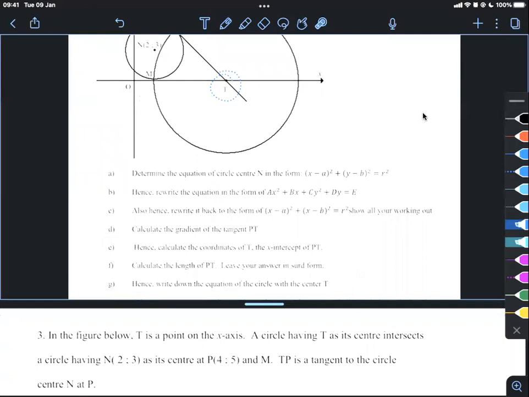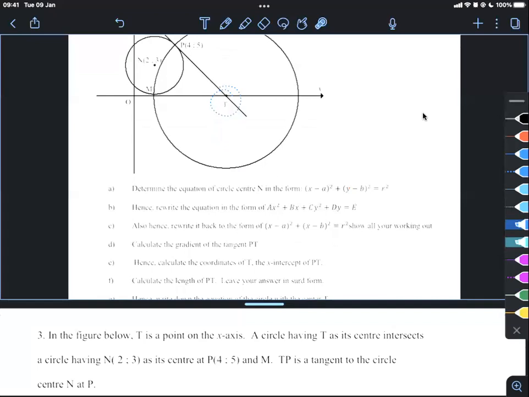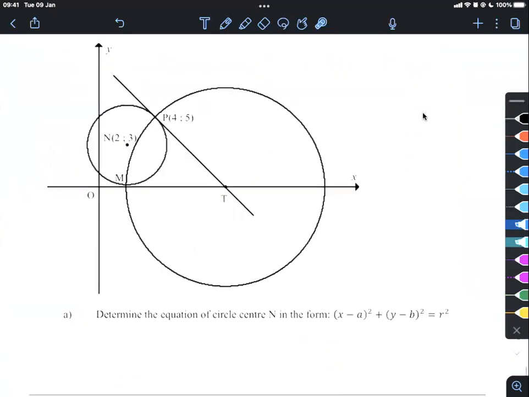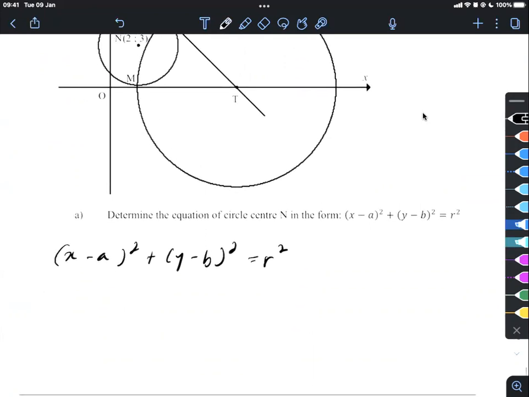All right. Now determine the equation of the smaller circle, this one, in the form (x minus a) squared plus (y minus b) squared equals r squared. That will be our first equation. Remember, if we're going to solve an equation in that form, we're going to need a few things. We're going to need a and b.